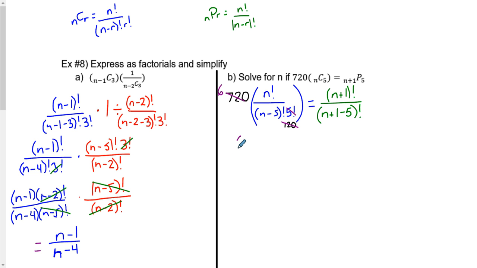So we're going to have 6, and then we'd have it being multiplied by n factorial over n subtract 5 factorial equals n plus 1 factorial over n subtract 4 factorial.